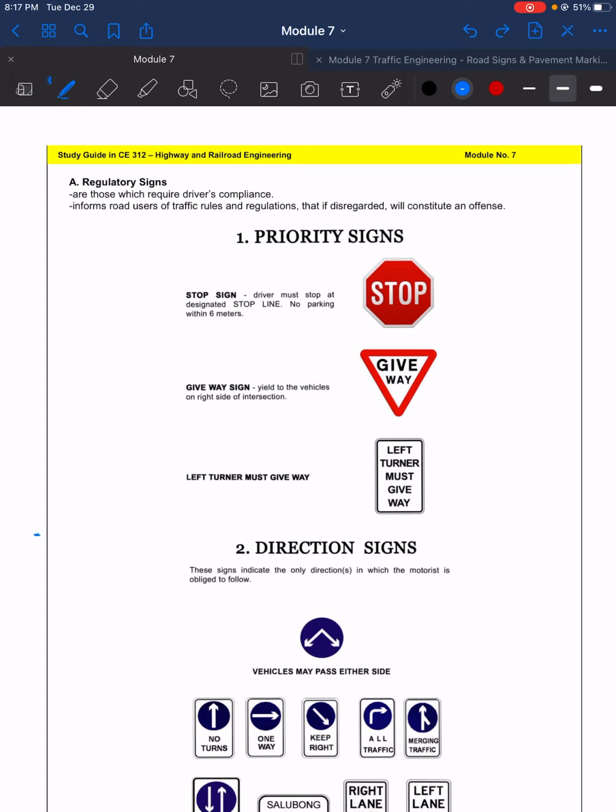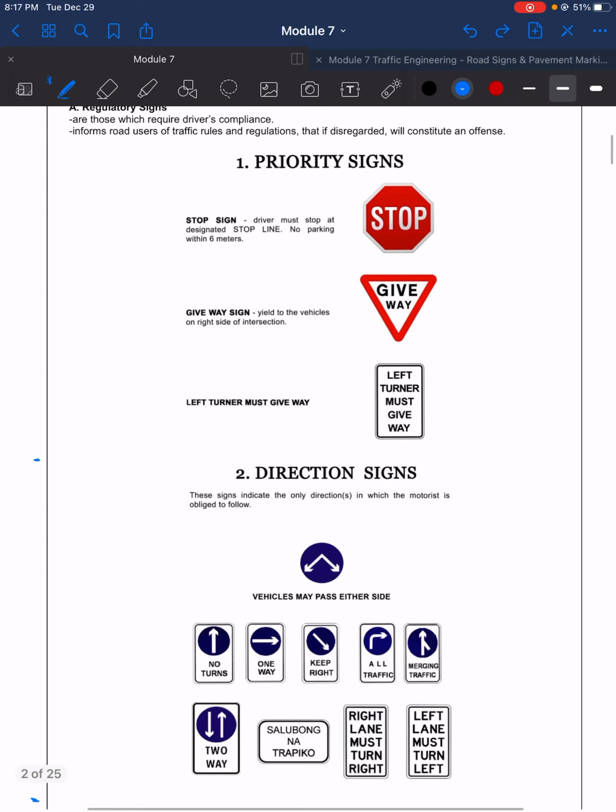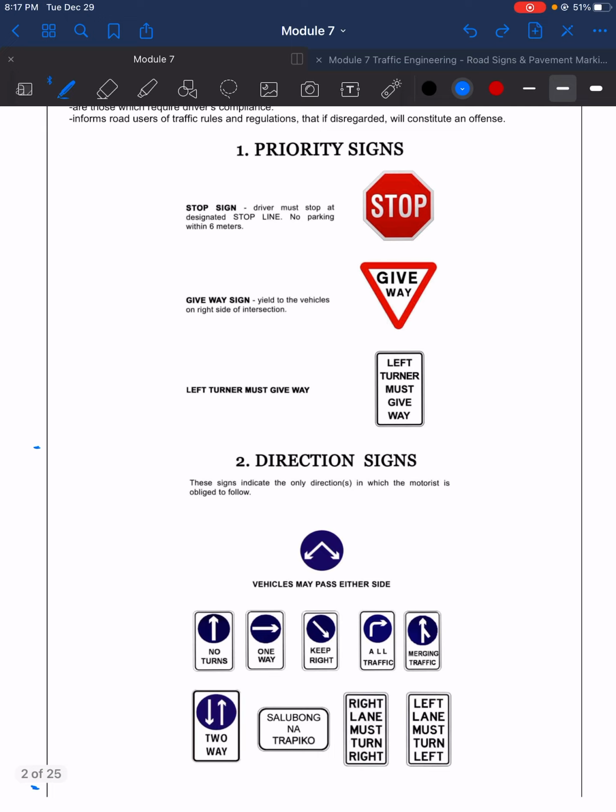Here are the priority signs, which are very common for us. This is the stop sign: the driver must stop at the designated stop line, no parking within 6 meters. The give way sign: yield to the vehicles on the right side of the intersection. The left turner must give way sign. So it's written there.